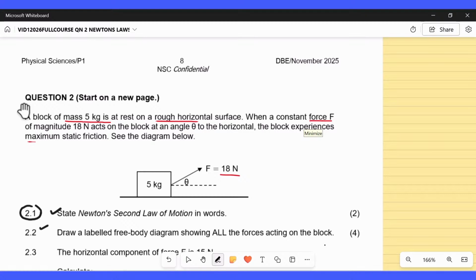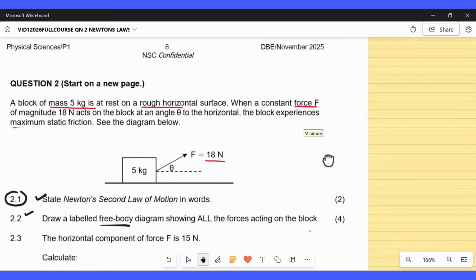So we need a labeled free body diagram. Now because it must be a free body, we're going to use a big dot to show our block. Note that in a free body diagram, all the arrows must be pointing away from the dot.